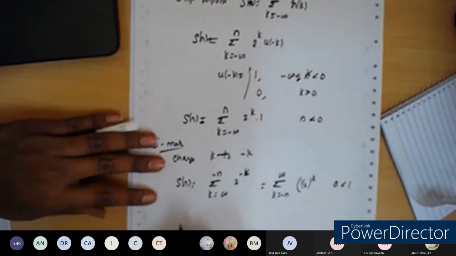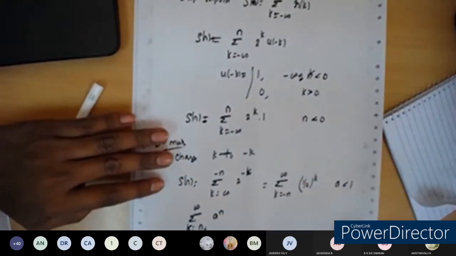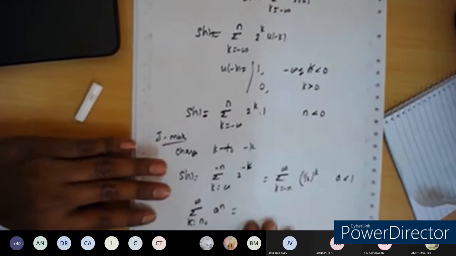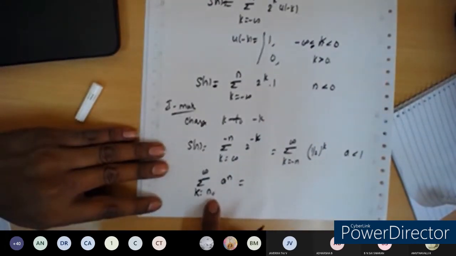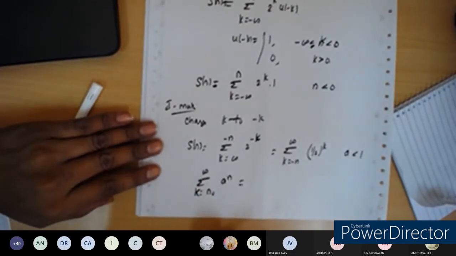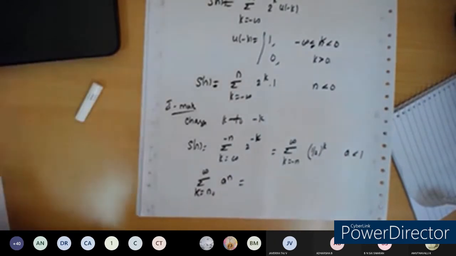So we can take the formula. The summation k is equal to n naught to infinity of a to the power of k. What is the formula for this? Can you tell me, anybody?